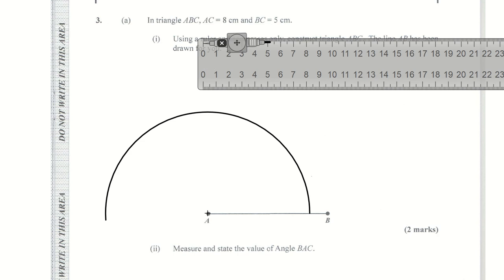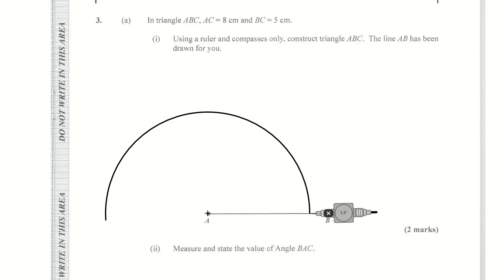One second. Okay. Let's just say that is 5, because my compass can't go till 5. And I'm going to draw an arc right here.